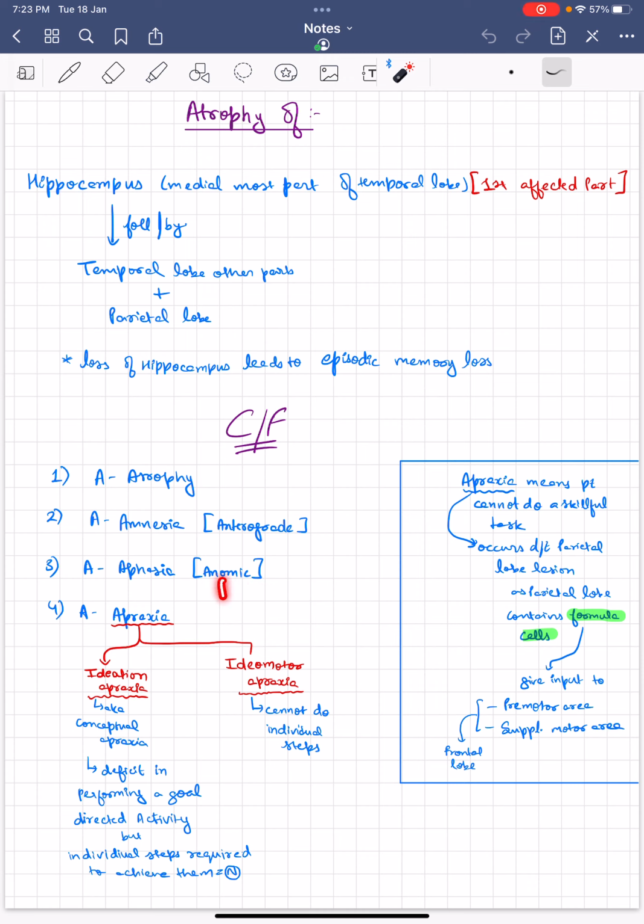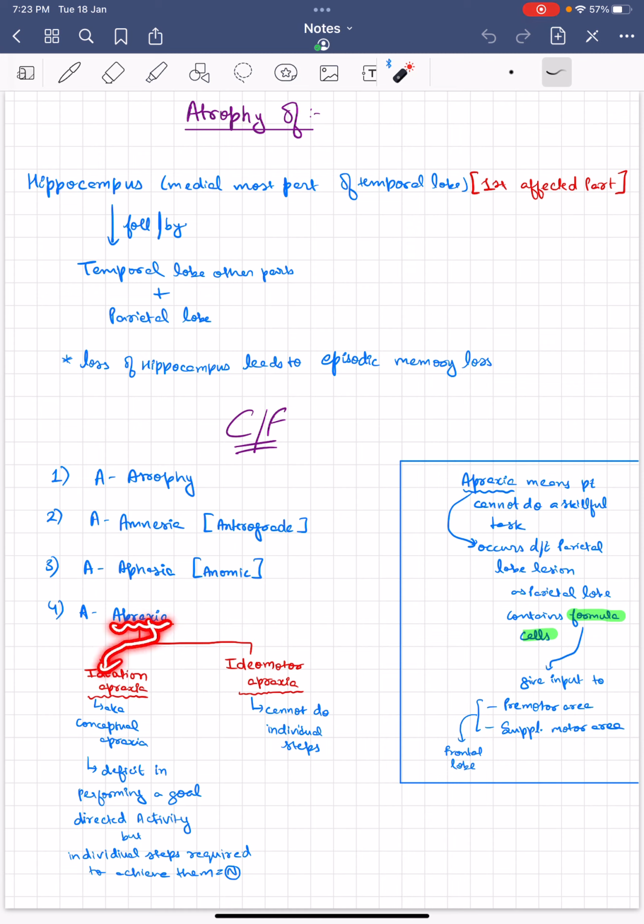So if the angular gyrus is affected, comprehension will be normal. Naming, I believe, shall also be normal. Repetition shall be normal. Well, you'll have to see what anomic aphasia is.